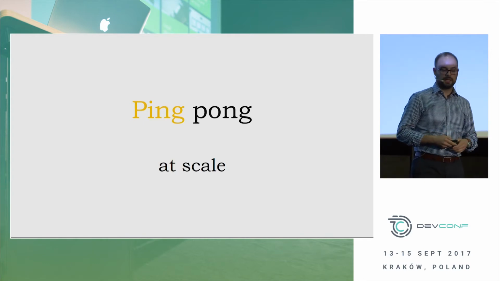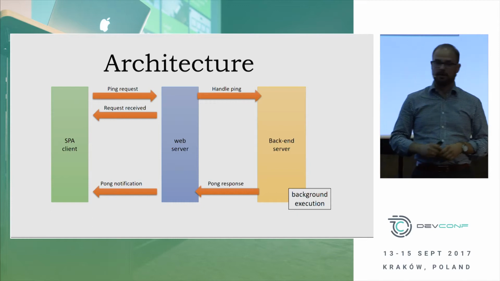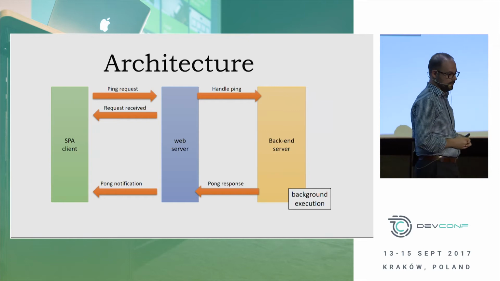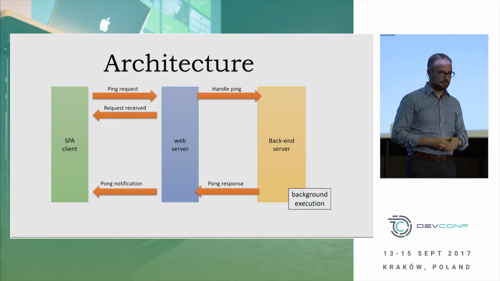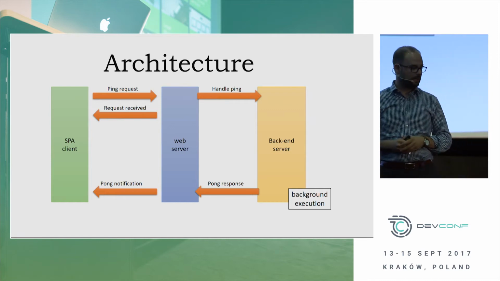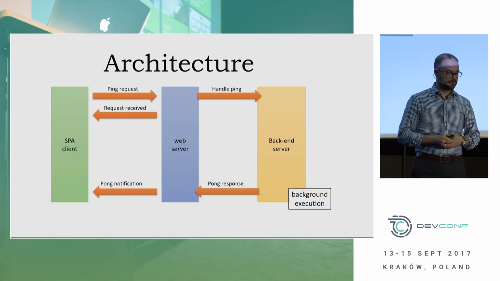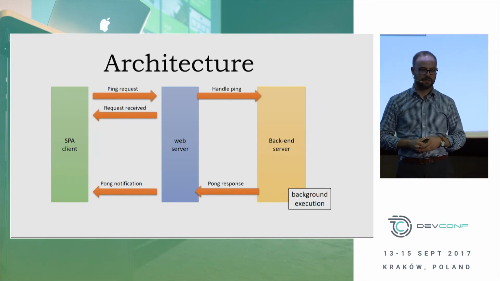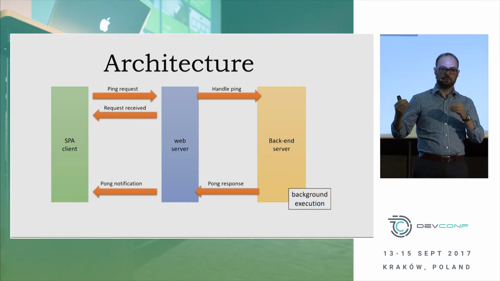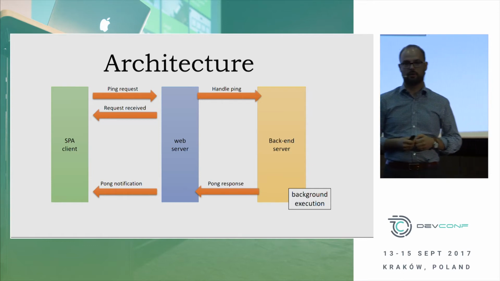Before I show you the application itself, let me show you how it looks from a logical standpoint. We will have a single page application that sends a ping request. You will be able to just enter a piece of text, and that piece of text will be embedded in a request. That request will be sent to the server side. The server will package it in a RabbitMQ message and send it to the backend server for processing.